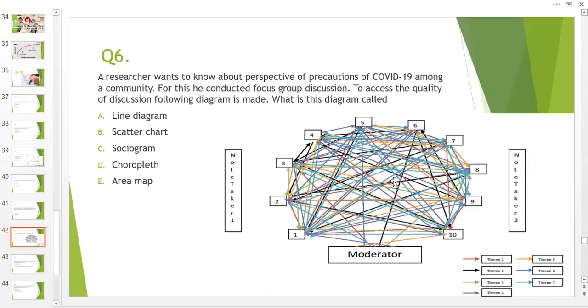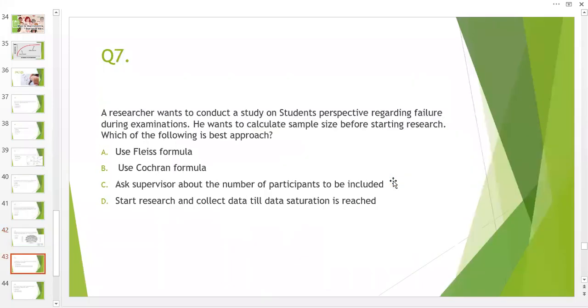This allows us to interpret the quality of the focus group discussion, whether all the participants were participating or only one or two participants were participating and the rest were not. So it gives us an idea about the quality of the focus group discussion.